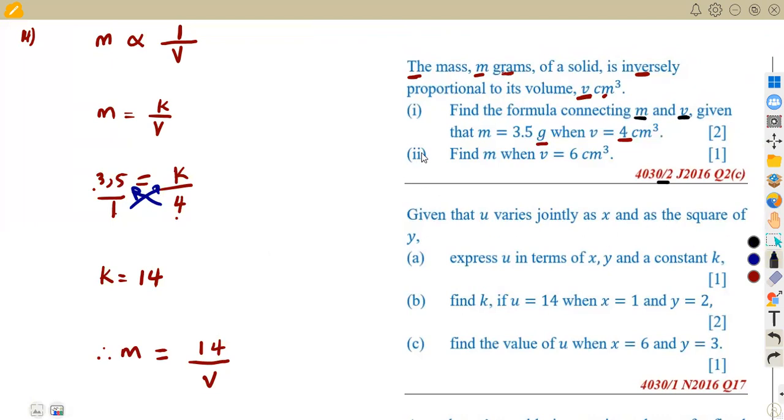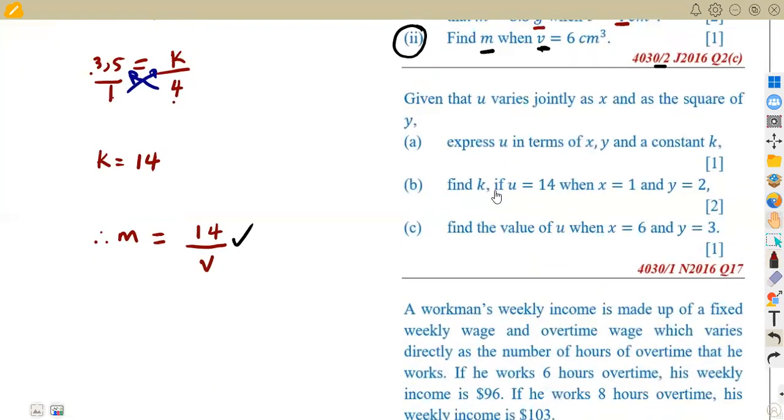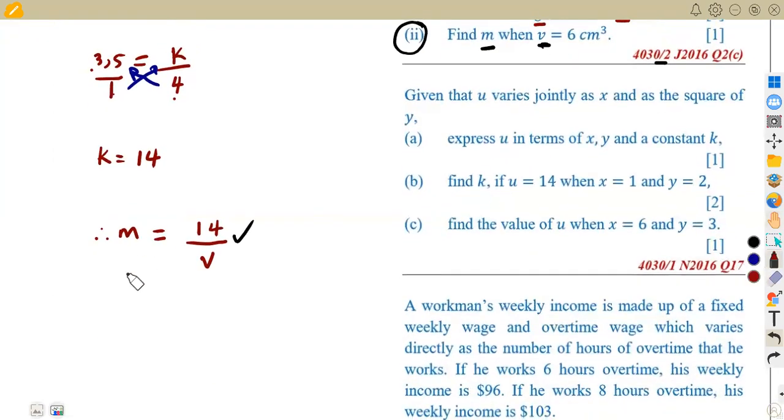So that was the first part. The second part of the question was to find M when V is 6. Already we have the formula connecting the two variables, the mass and the volume, so it's a continuation from that formula. So in item 2, the question is to find the mass.